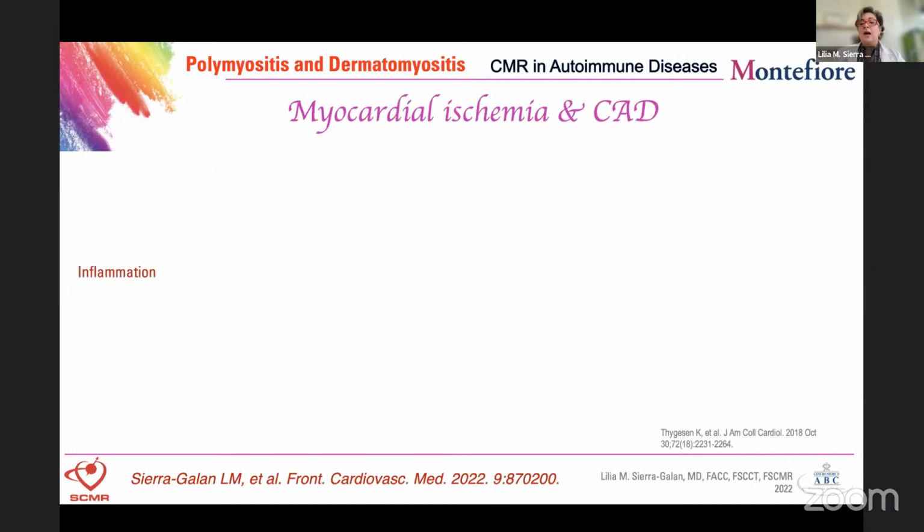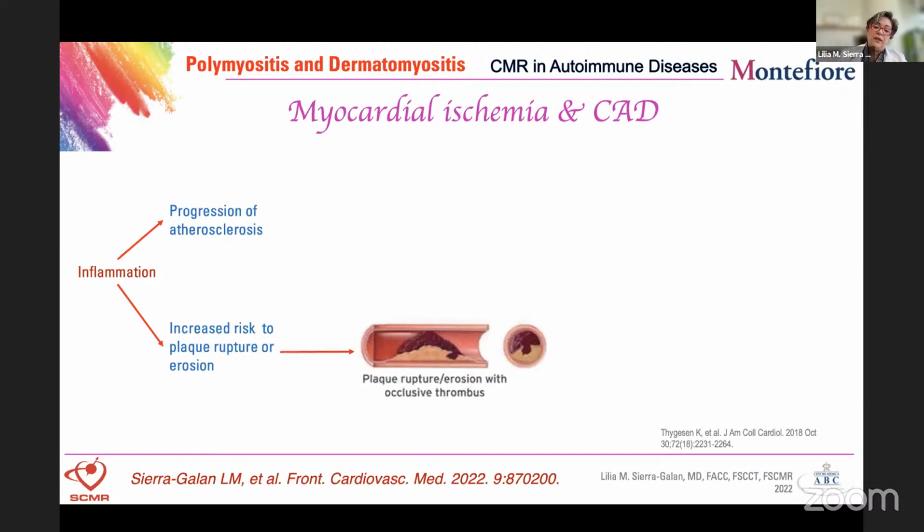Myocardial ischemia and coronary artery disease are very interesting here because they have a progression of the atherosclerosis itself that is more rapid than in the regular population, and they have increased risk of plaque rupture or erosion.